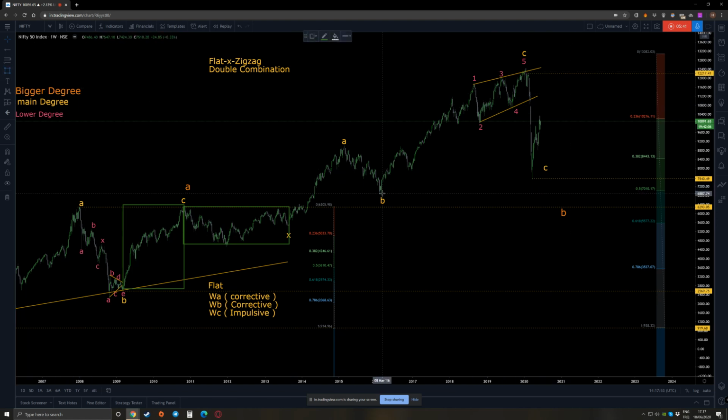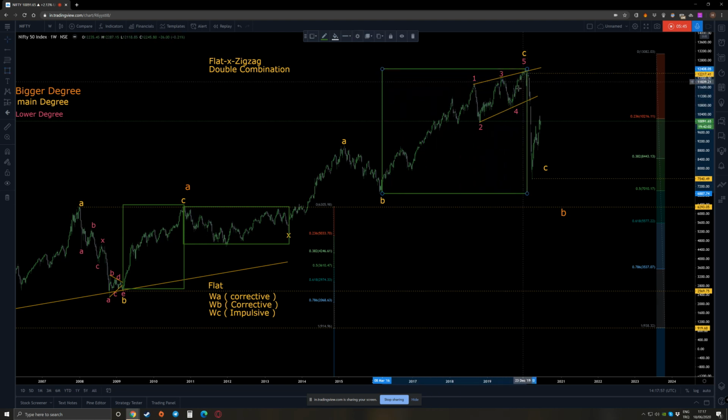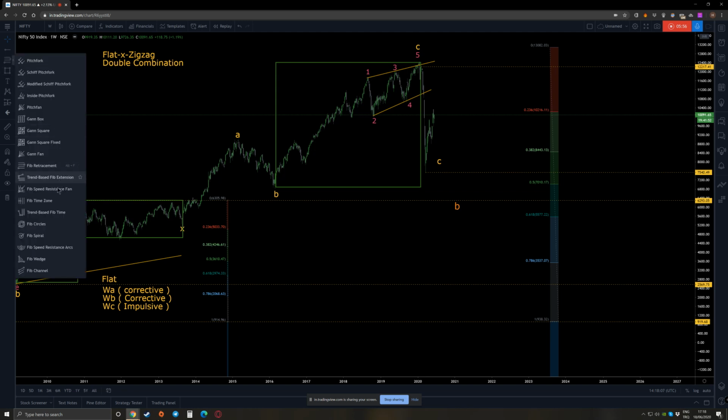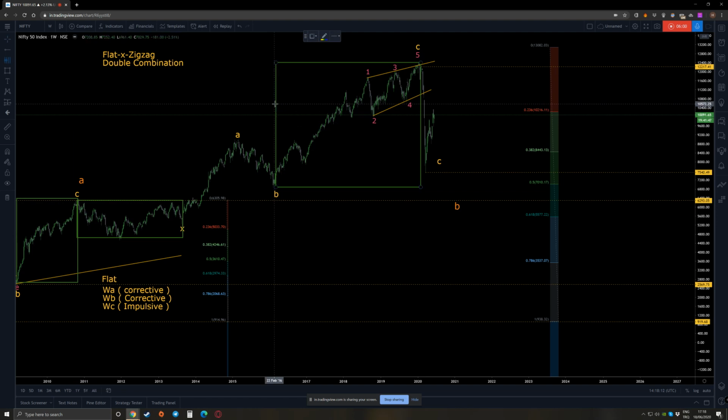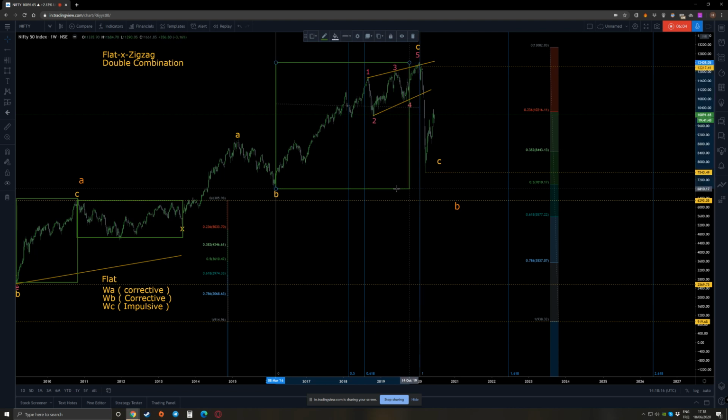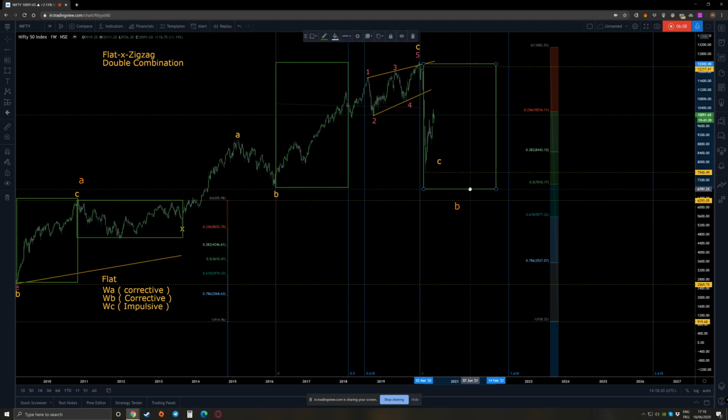In terminal move, you have to take this time here, okay, from where it started and where it ends, and you should project it on the right side. But you should project it on the right side like this. You should take Fibonacci time zone and you should measure half of it, okay, and you should put it like this.